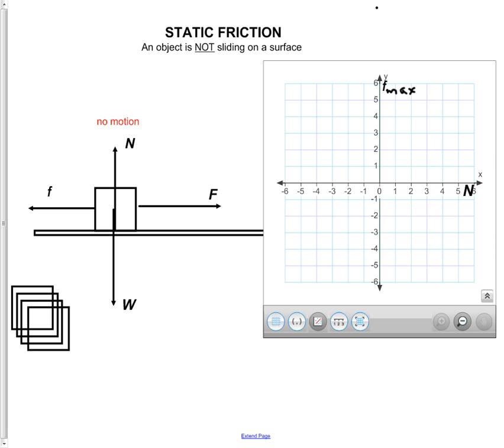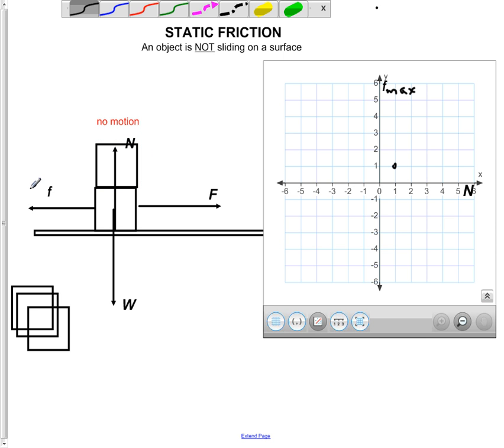So I'll get some number for the maximum force I could have. And now I'm going to play the same game I did for kinetic friction. I'm going to take this guy and put him up here. And now what I'm going to find is that if I press the two together harder, it will take more force to pop this guy away. So I'll get another data point here.